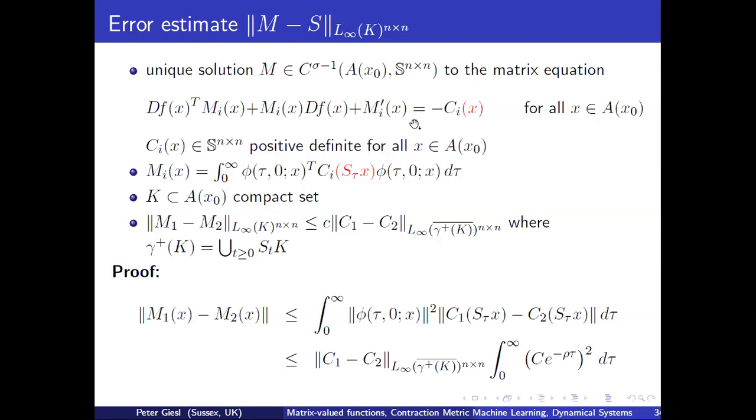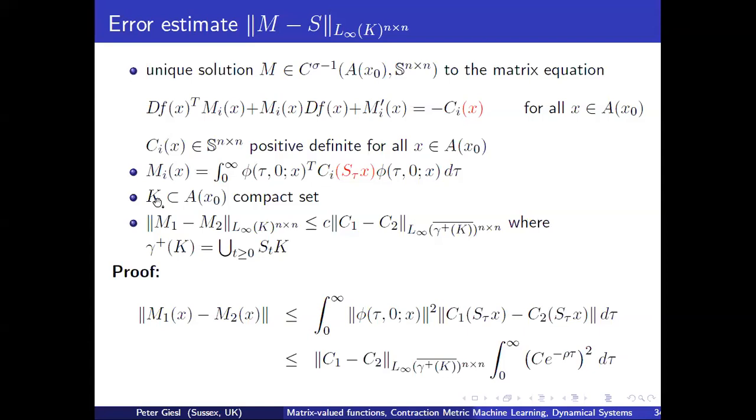And we look at two different right-hand sides, C1 and C2. For each of these right-hand sides, there's a unique solution to this matrix equation. It's given by this formula, which is the same formula as before. This dependency on x translates into the dependency on x here along solutions in this formula.